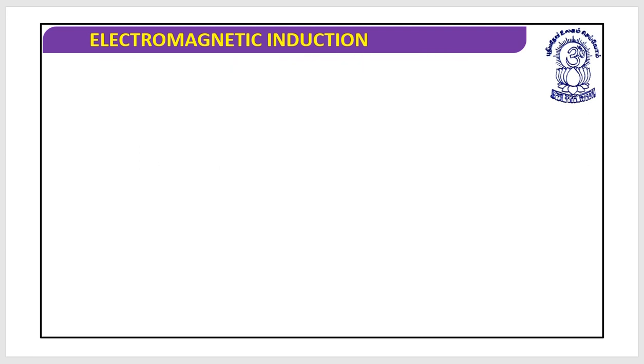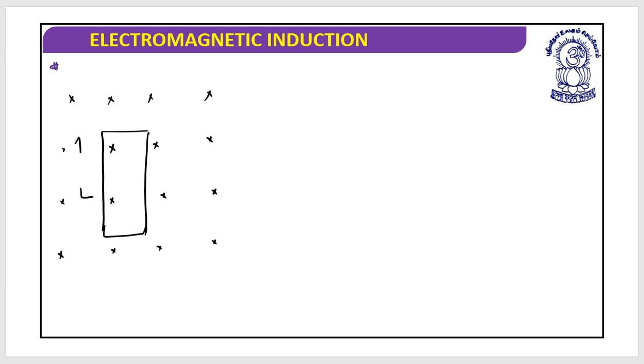Let's look at another approach and another concept behind this. Let's understand that this is the magnetic field, something like this, and we have a conductor. The length of this conductor is L, and it is moving in this direction with speed v.